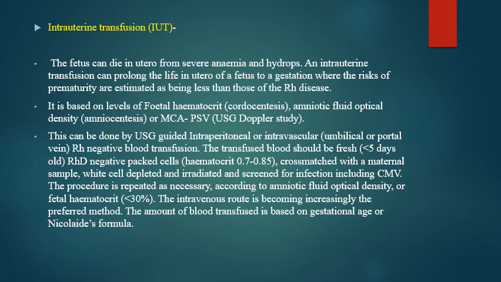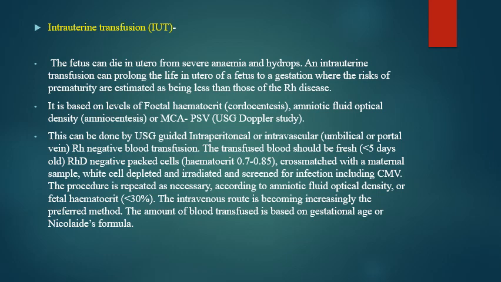So this is done by ultrasonography guided intraperitoneal or intravascular Rh negative blood transfusion. The blood that we transfuse should be fresh, that is less than 5 days old. It should be Rh negative packed cells with a hematocrit of 0.7 to 0.85, which is cross-matched with a maternal sample.